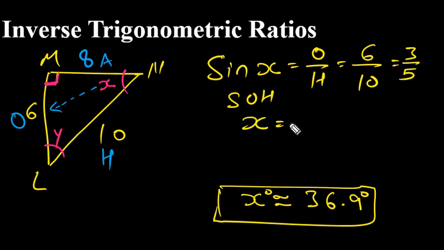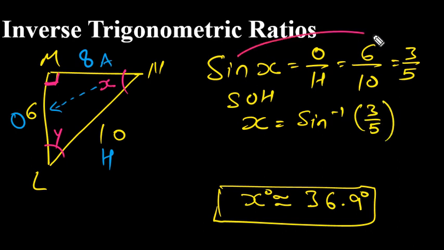X is equal to sine inverse 3 over 5. Just take it to this side and put inverse. Good. Now again use the calculator. Shift sine 3 divided by 5, and you see x is equal to 36.86, which is again equal to 36.9 degrees.